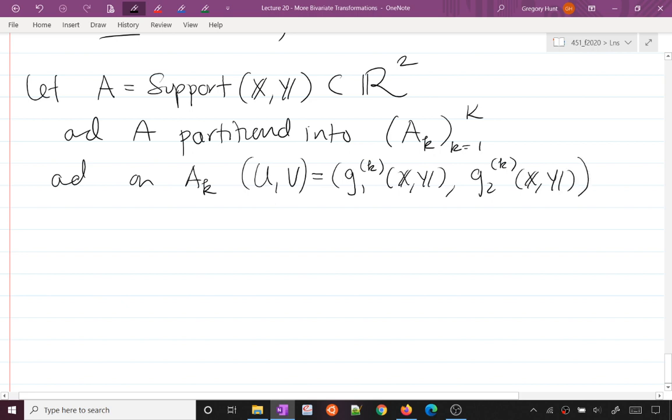So here my function g1 superscript k is the transformation function on the chunk A_k, and g2 superscript k is the second coordinate transformation function on A_k also. It's a cumbersome notation, but it's actually not so bad in practice.